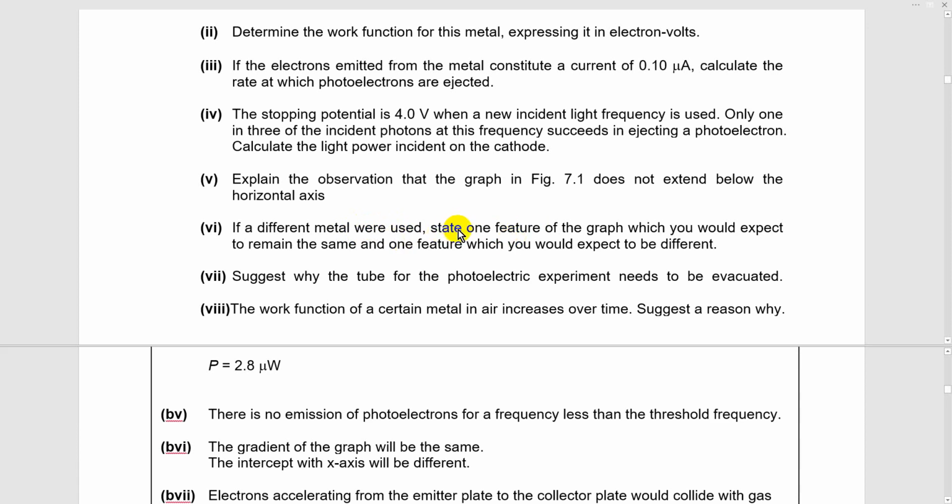So if the work function is different, how would the graph change? Okay, we know that work function is related to the threshold frequency. For the metal with a higher work function, you require more energy to remove the electron. Then you require photons that have more energy. In that case you require light of higher frequency, because the energy of a photon is proportional to the frequency.